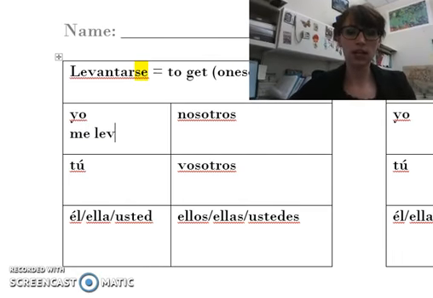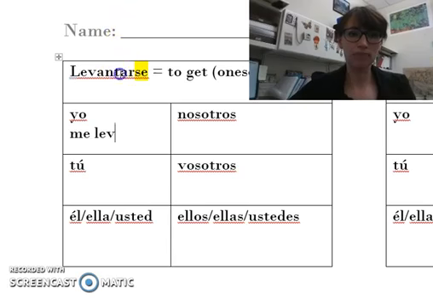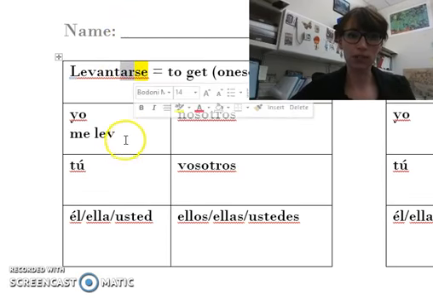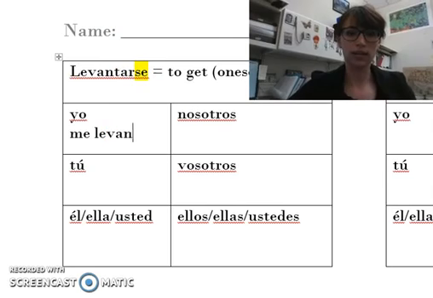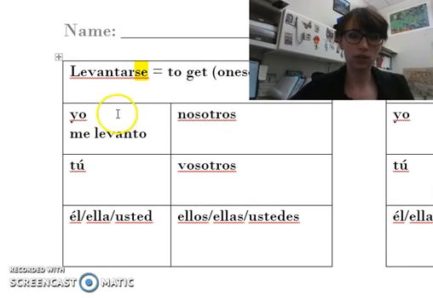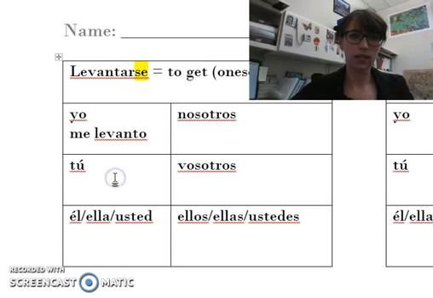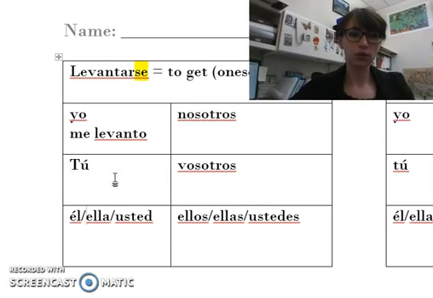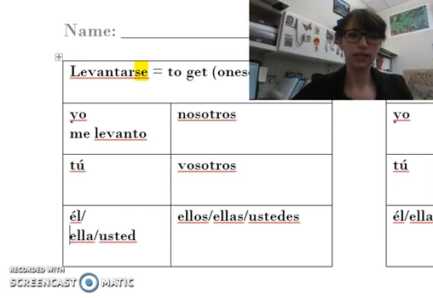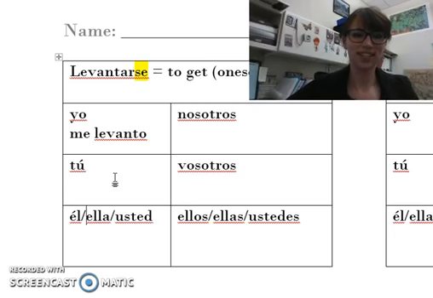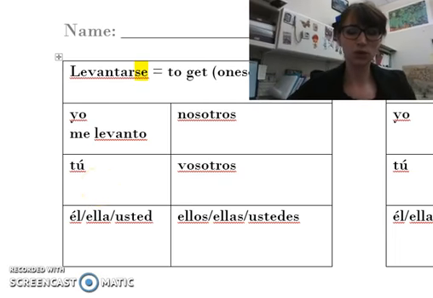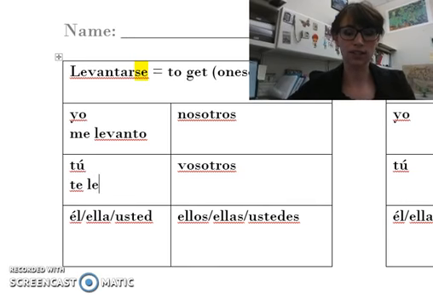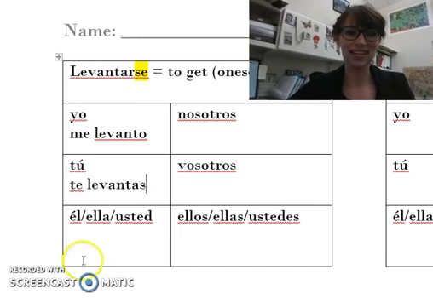Then I'm going to conjugate levantar. It's a regular AR verb, so I'm just going to conjugate it as a regular AR verb. Levanto. So, yo me levanto. Then the conjugation for tú: the reflexive pronoun becomes te and moves to the beginning before the conjugated verb. And then I'm going to conjugate for a regular AR verb: levantas.